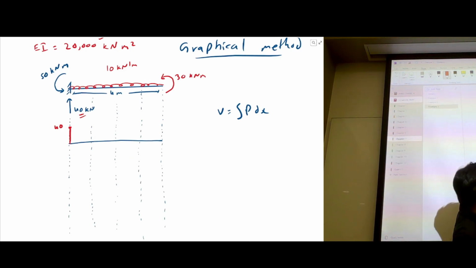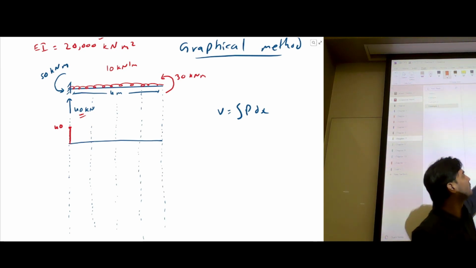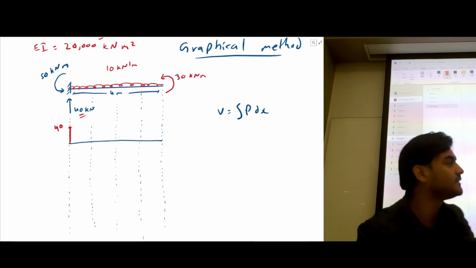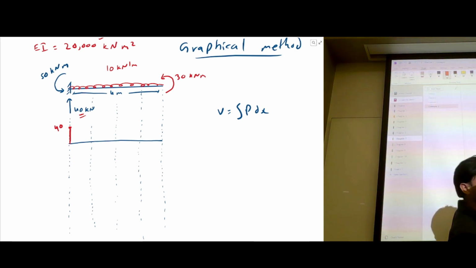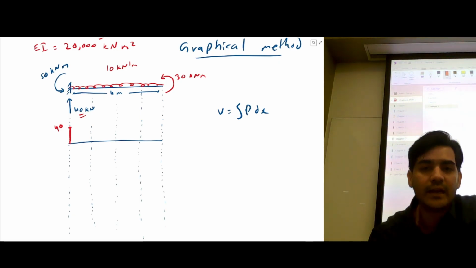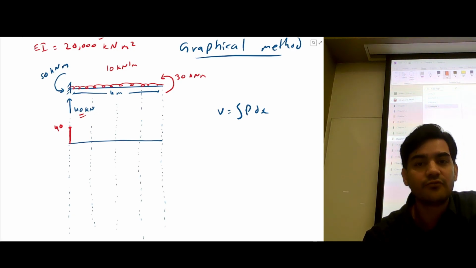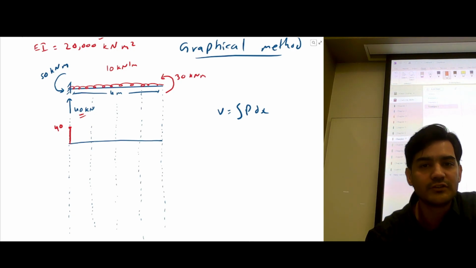If it would have been going down, shear force would have been -40. So this is 40. And now what we have to do is add or subtract to this 40 based on whatever loadings we are getting. So we're going to integrate the loads. So what I will do is I have divided this 4 meter beam into 4 segments, each of 1 meter, right?